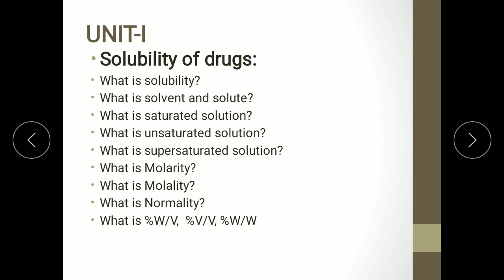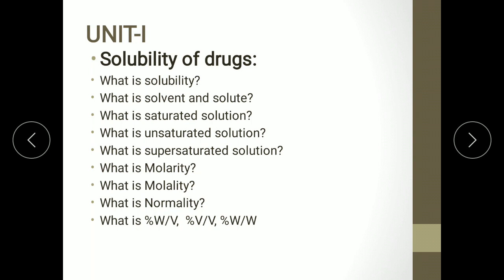Again you have to go to your basics, what is moles. All these things you have already studied in organic chemistry also, I think in PUC level also you have studied all these things, molarity, molality. Then what is normality? Normality is the number of gram equivalent weight of solute in 1 liter of solution at a given temperature.